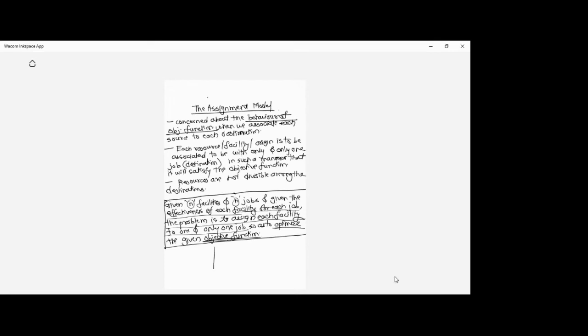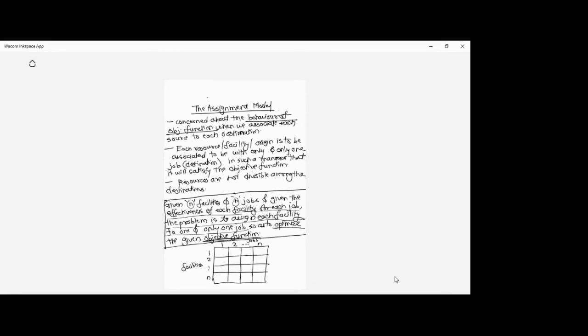So now if I have to draw a matrix representing this, I can draw it in a very simple format. Here I don't have to worry much, because it is not like your transportation matrix. So here we have 1, 2, up to n jobs, and we have 1, 2, up to n facilities here, right?